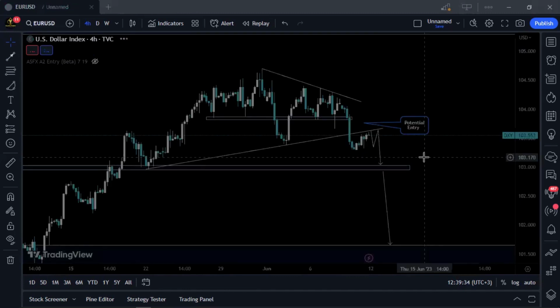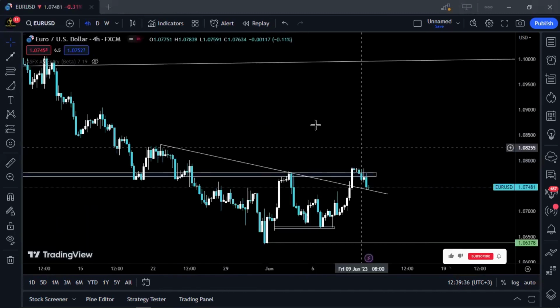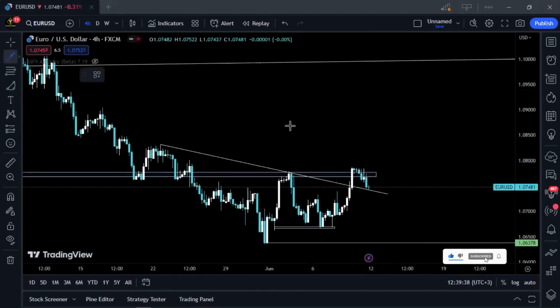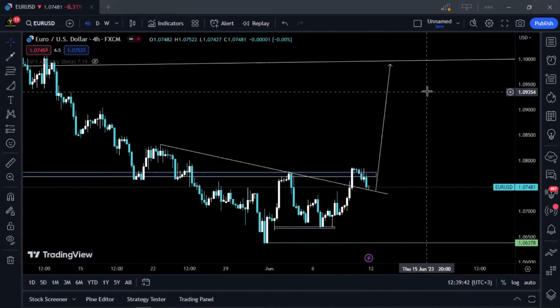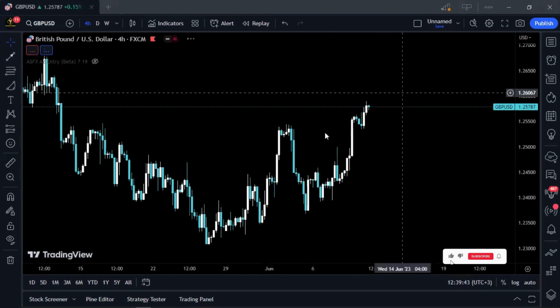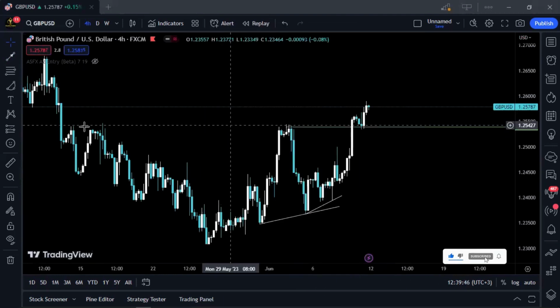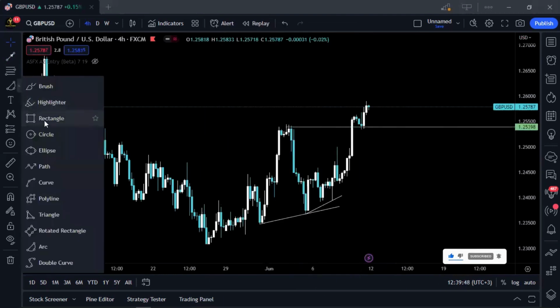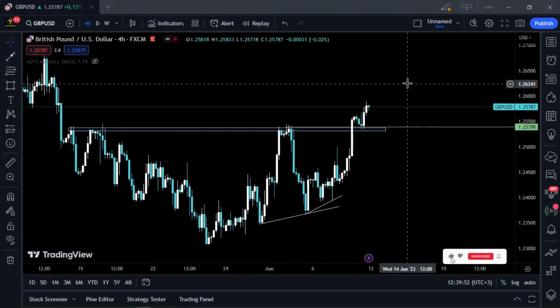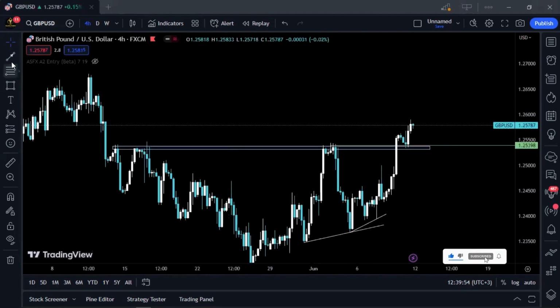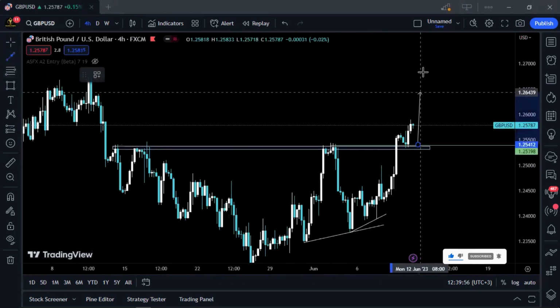Now, what does that mean on Euro USD? On Euro USD, it actually means that we might be looking to see prices push until they reach up here for the coming week. GU, we can see prices have already broken above this structure and given us a retest. So obviously what's left is just for prices to keep on pushing higher.